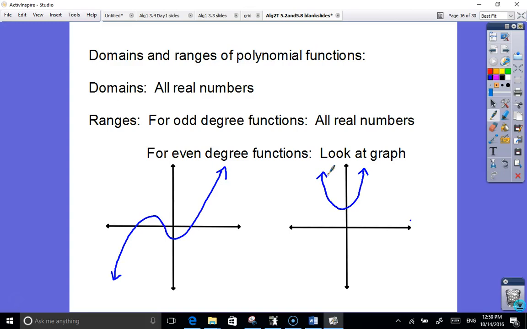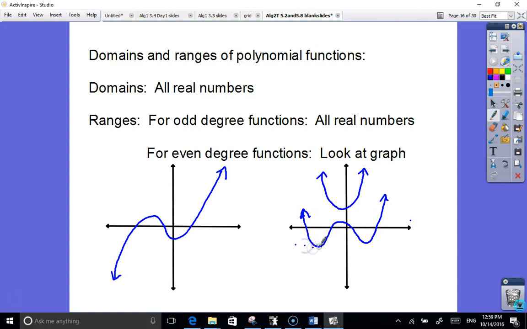Now, as we saw with quadratics, the range of a quadratic function is not all real numbers, because it only goes down so far, and then it goes back up again. And that'll be the same if it's a quartic that has this kind of a shape. It definitely goes infinitely up because those arrows are pointing up, but it doesn't go infinitely down, right?